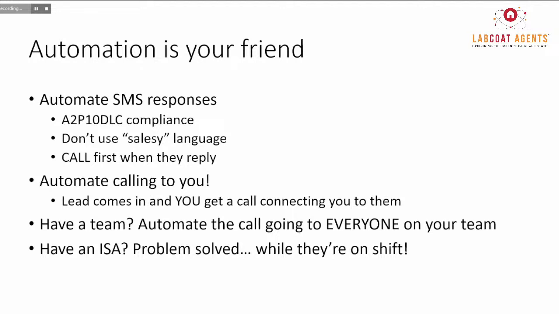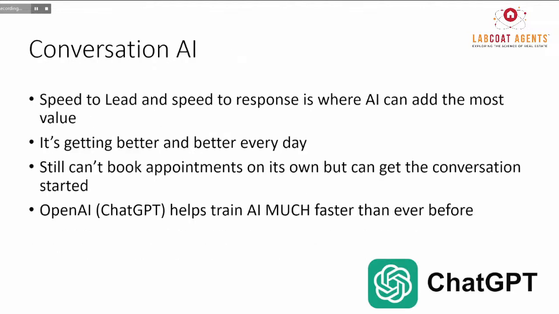One of the most innovative solutions that I've seen come out over the last year, really only over the last 6 months, is conversational AI. Over the next 12 months, this is going to have the biggest impact on lead conversion for real estate. AI chatbots for real estate have existed for years, but I'm talking about something different.